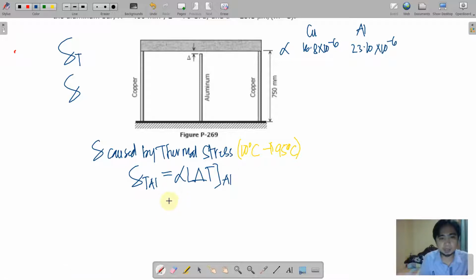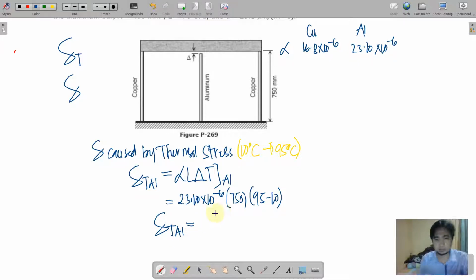Then we simply substitute the given: 23.1 times 10 raised to negative 6, multiplied by the original length, which is 750, and the delta T is 95 less 10. So the deformation due to temperature of the aluminum is 1.47 millimeters.